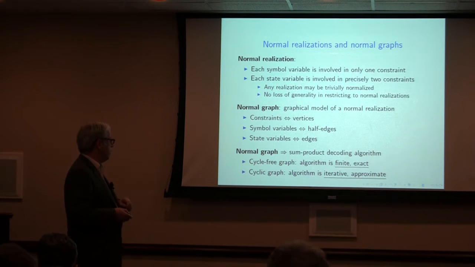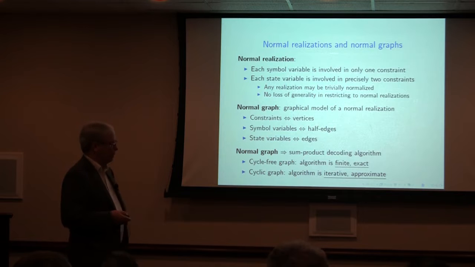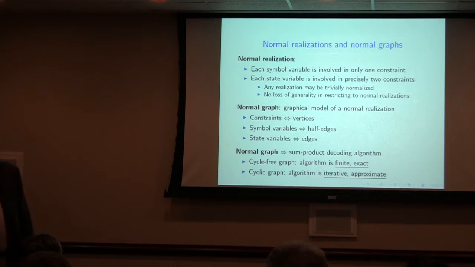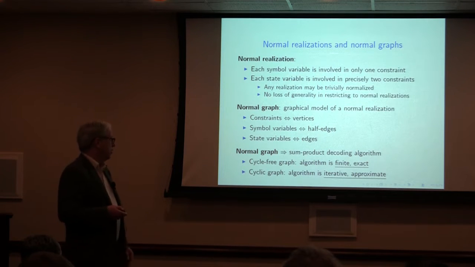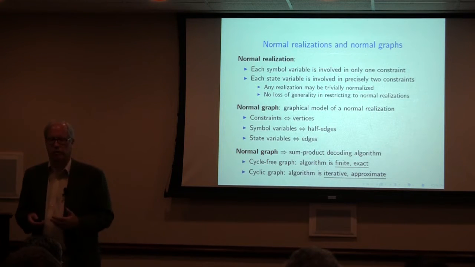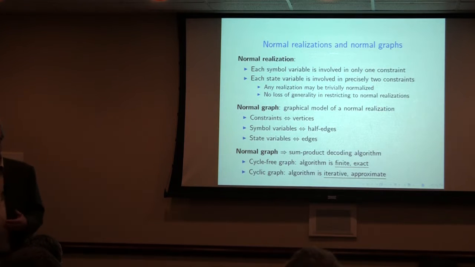All right, a normal graph then, as I've already said, leads immediately to a decoding algorithm, specifically a so-called sum product or belief propagation decoding algorithm. And one of the earliest results is that on a cycle-free graph, if you apply this algorithm, it turns out to have a finite number of steps and give you an exact answer.